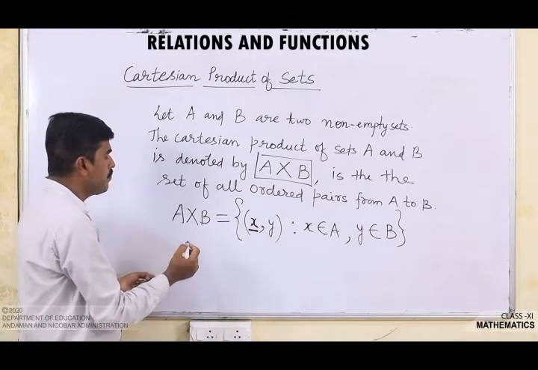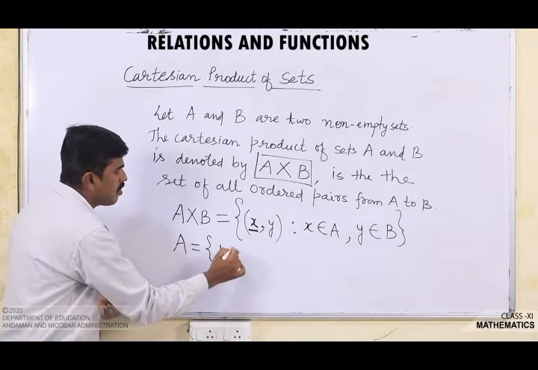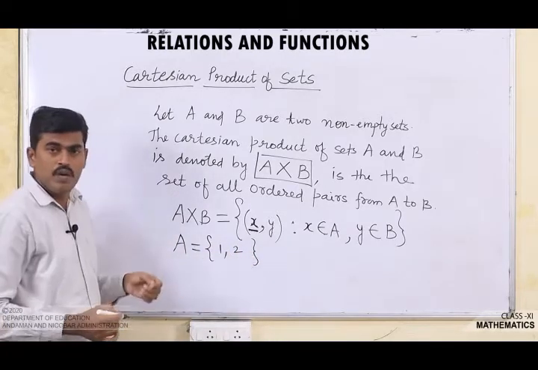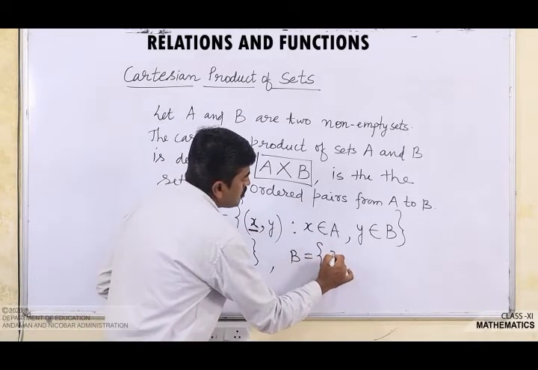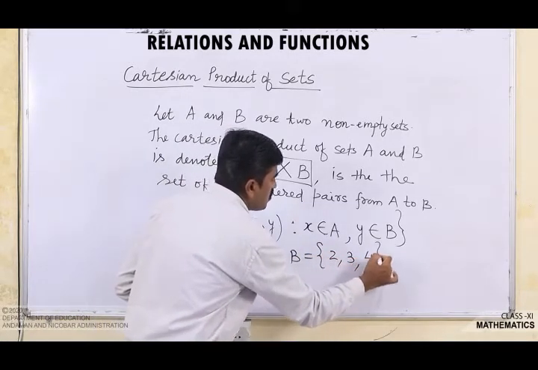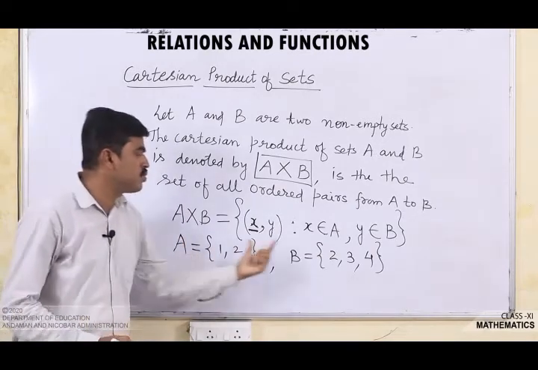Okay. Let us take one example. If A is equal to {1, 2} and B is equal to {2, 3, 4}, how do we find the Cartesian product of these two sets?